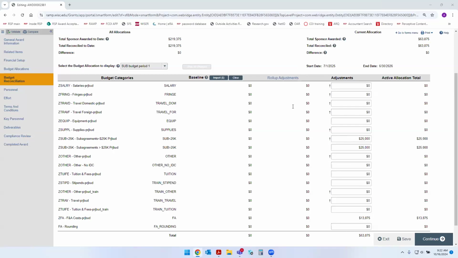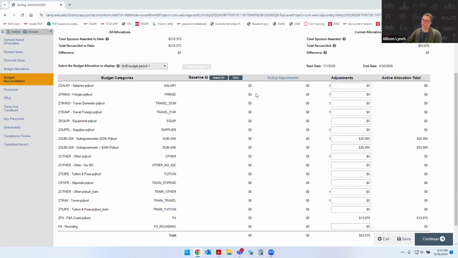So it can be helpful if the award amounts are close, or if they match exactly, then you don't have to re-enter them. But a lot of times with our federal sponsors that make cuts or don't issue awards based on the budget period year, there might be a lot of changes you have to make.